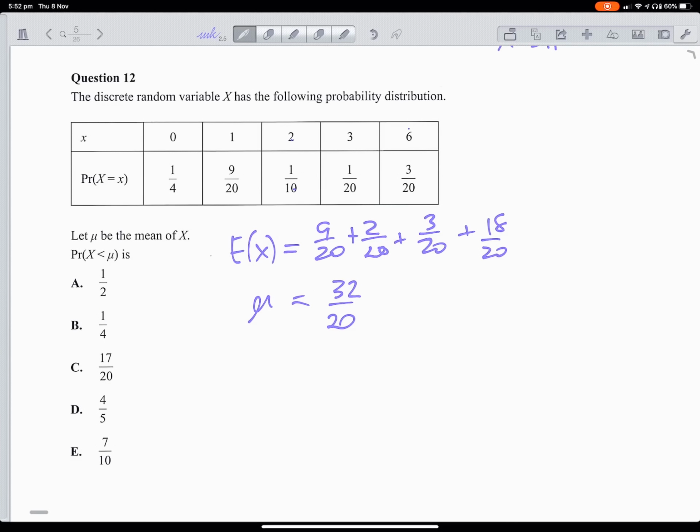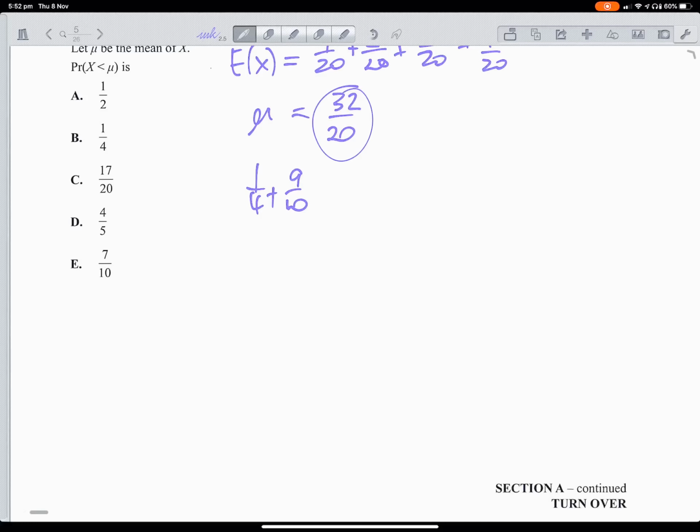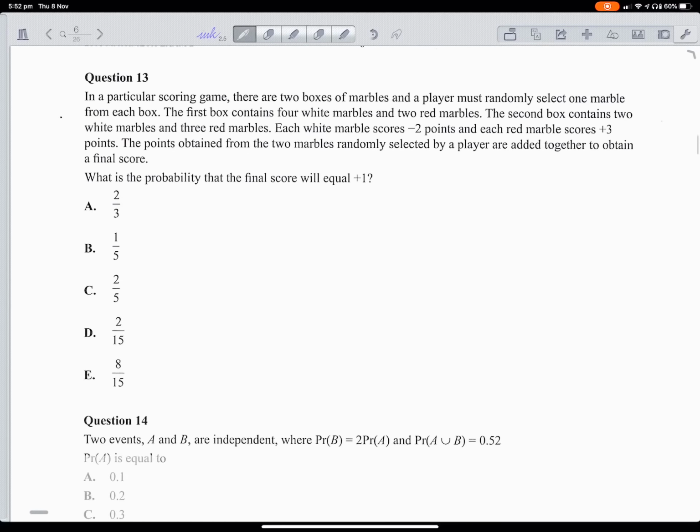So that's what our mean is. The probability that x is less than 32 on 20, even if it's 34 on 20, isn't it? 11, 14, yeah, no, that's right. Okay, so that's less than 2. So it's just going to be 1/4 plus 9 on 20, 5, 14 on 20, 7 on 10.